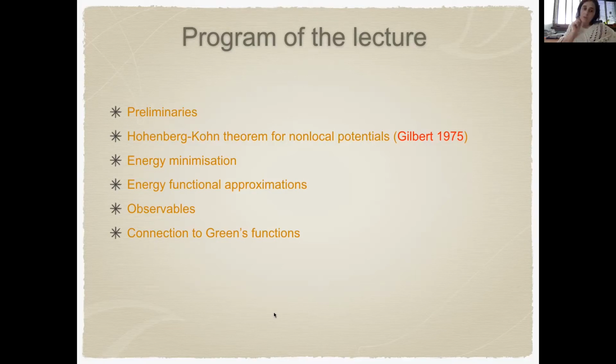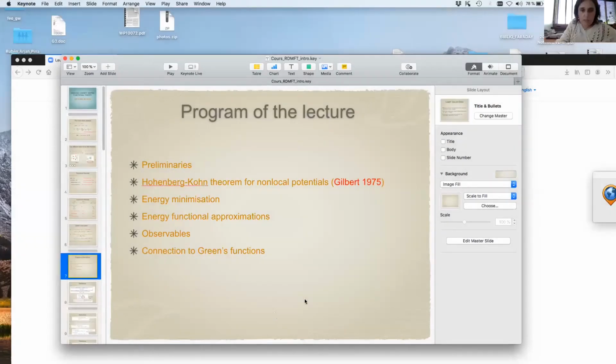We speak about some approximations to the energy functionals. We see if we can get to the observables, and if I have time, I show the connection with the Green's functions that will be the subject of the next lectures. Right, so now I stop the share and I share the whiteboard.